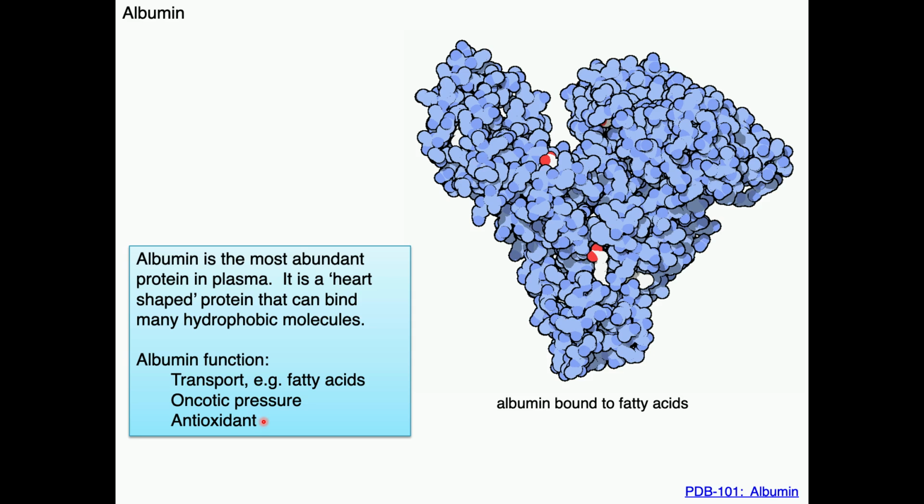Okay, so as far as the transport functions of albumin, albumin has several different hydrophobic pockets. So there are regions on the surface of the protein, but the amino acids that are making that surface have hydrophobic properties, like valine and isoleucine, etc. So this allows the albumin to bind other things that are hydrophobic, like free fatty acids.